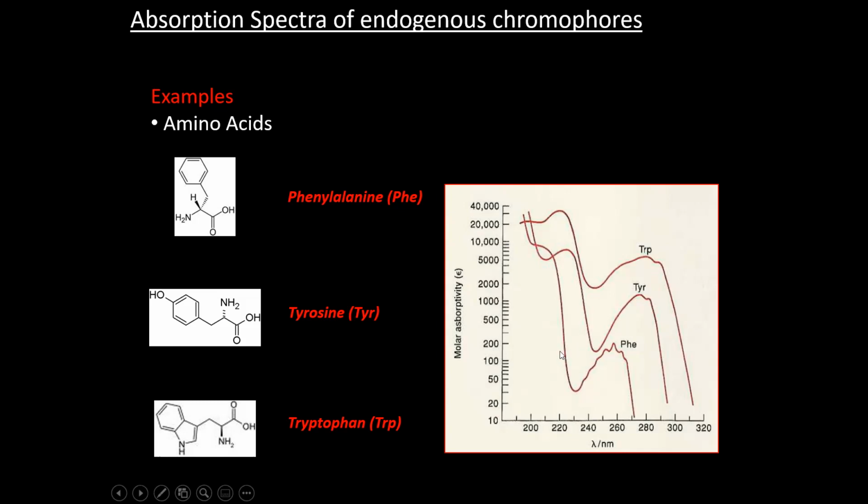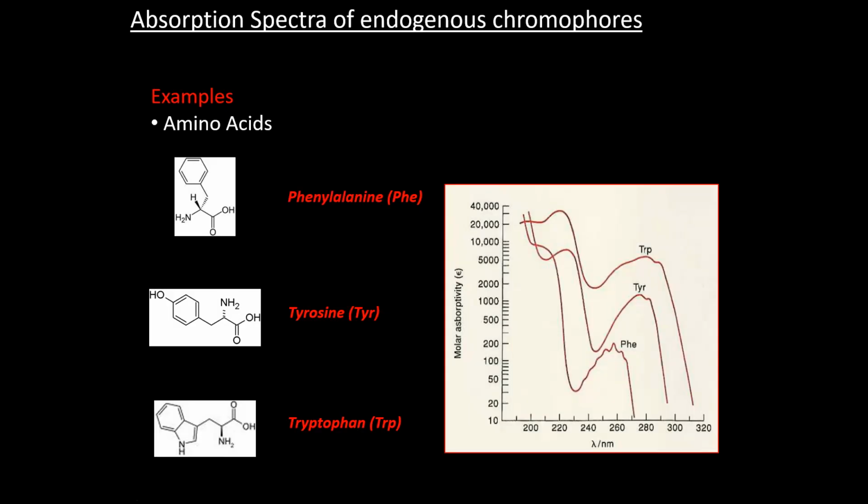So if you measure the absorption of a solution, you can sometimes understand which amino acids you have inside the solution. And given that amino acids are in proteins, you can understand which proteins you have in front of you.